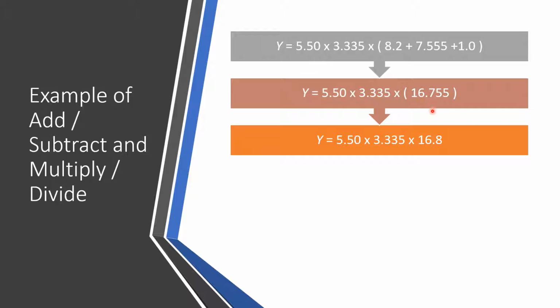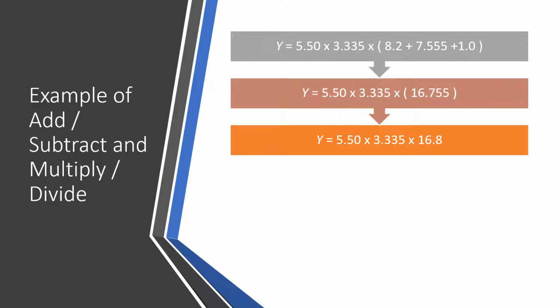So we're going to round off this 16.755, which was our sum of these three numbers, and we end up with 16.8. Now what we have left is the product of three numbers, one of which has three significant figures, one has four significant figures, and the third has three significant figures. So as you might expect, we're going to end up with a final result with three significant figures.